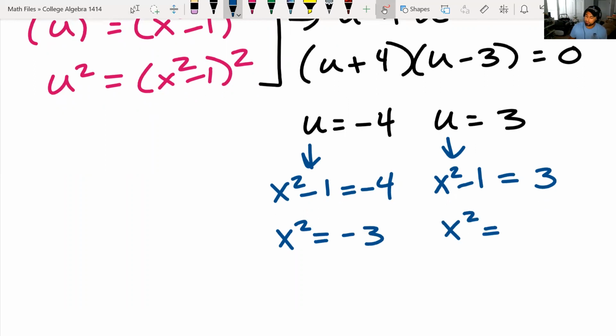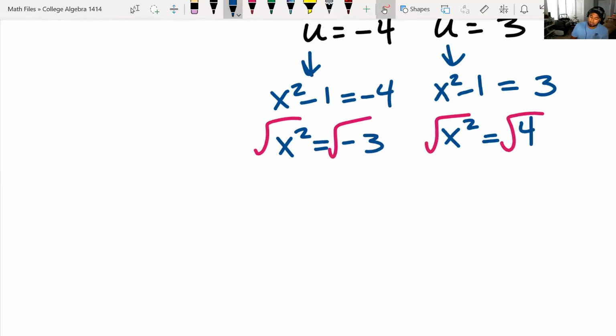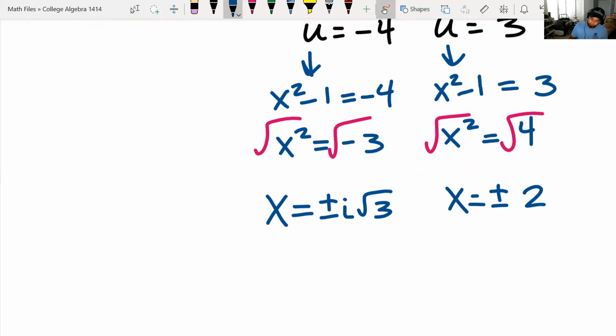Add the 1 over, x squared equals 4. Square root both sides. And once again, we should get x equals plus or minus i root 3. And x equals plus or minus 2.